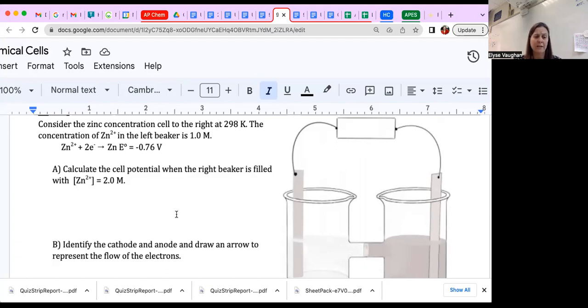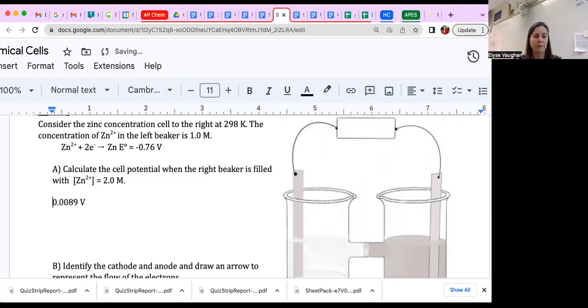And so that's going to give us 8.314 times 298 Kelvin divided by 2 moles of electrons times 96,485 times the natural log of 1/2. And that's going to give us a cell potential of 0.0089 volts.